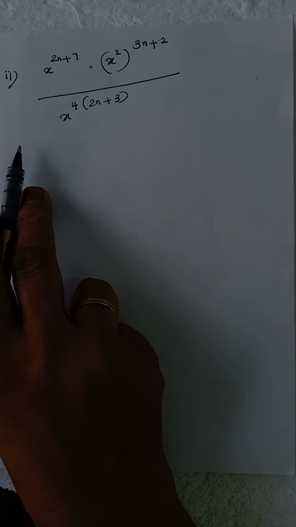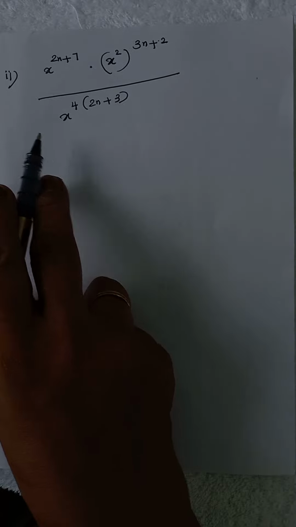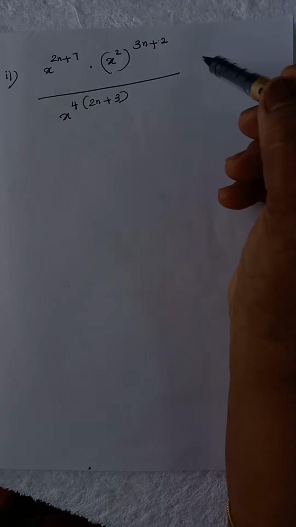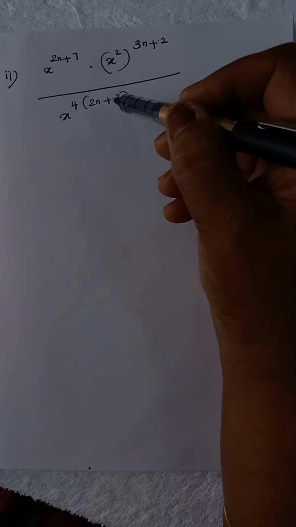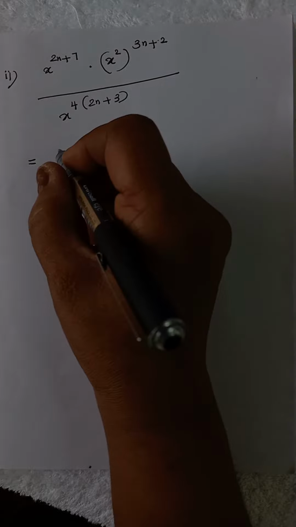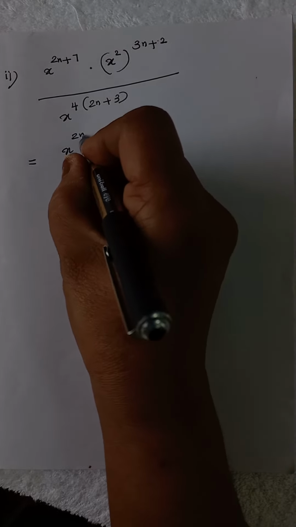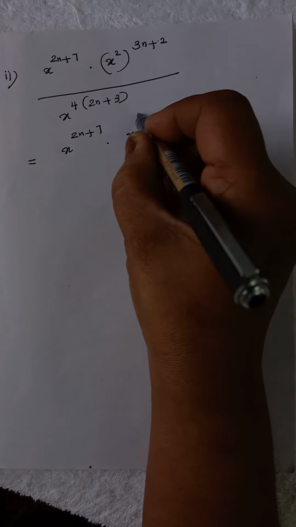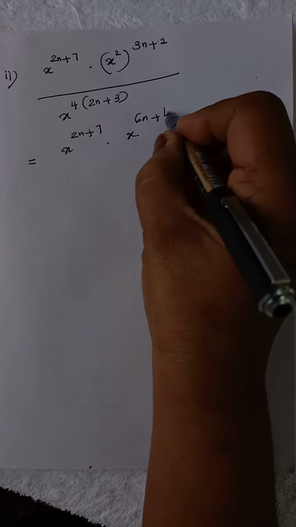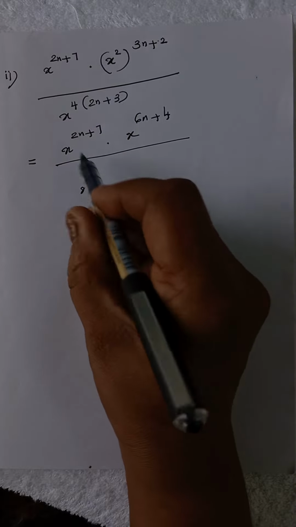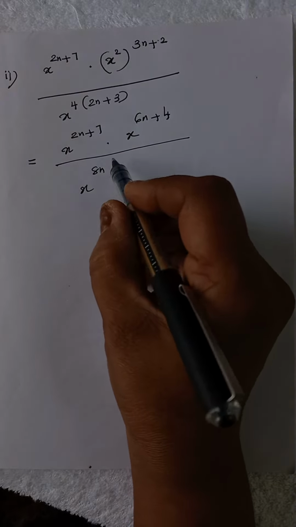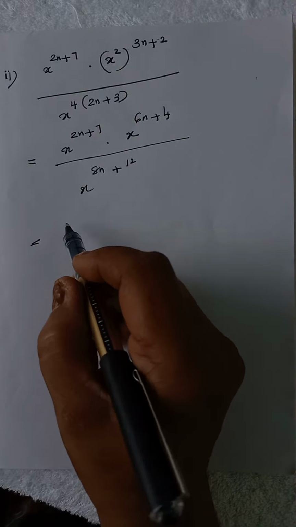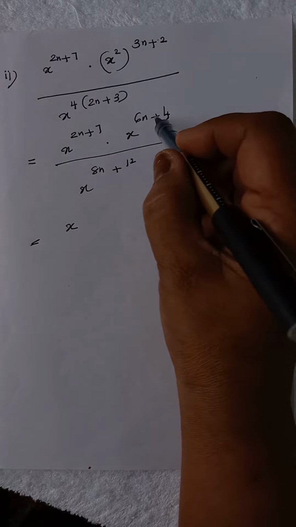Now the second part of the question is (x^(2n+7) × (x²)^(3n+2)) / (x⁴)^(2n+3). Now we have to simplify here. x^(2n+7) into x^(2 into 3n is 6n plus 2 into 2 is 4), divided by x^(4 into 2n, that is 8n, plus 4 into 3, that is 12). This is equal to x, a^m into a^n formula.